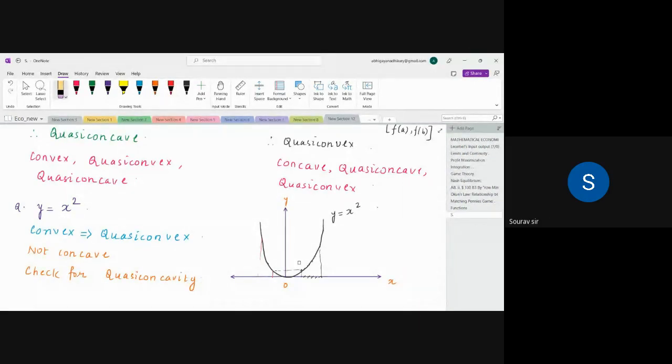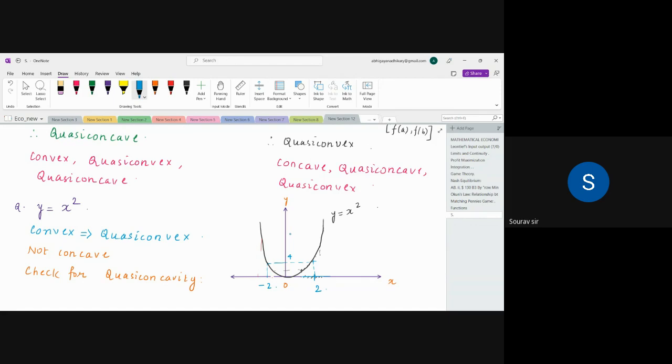Let me tell you which particular situation I'm talking about. Let's say I'm taking the point 2 over here. So x square is 4, and on the negative side I take minus 2.